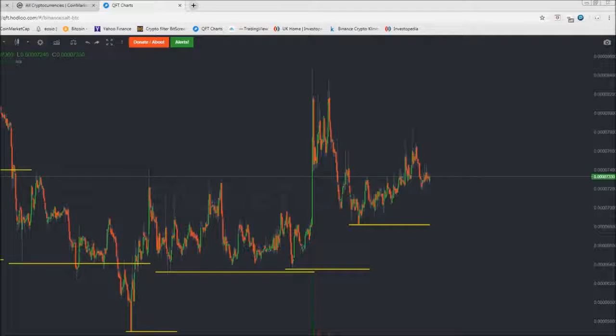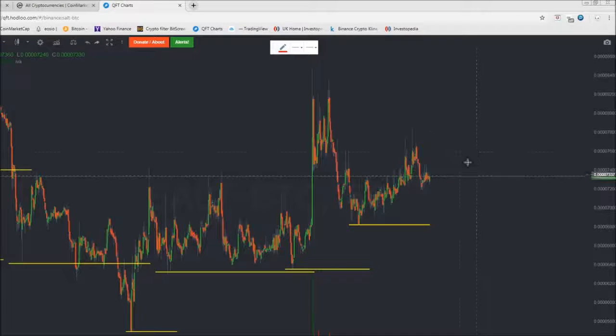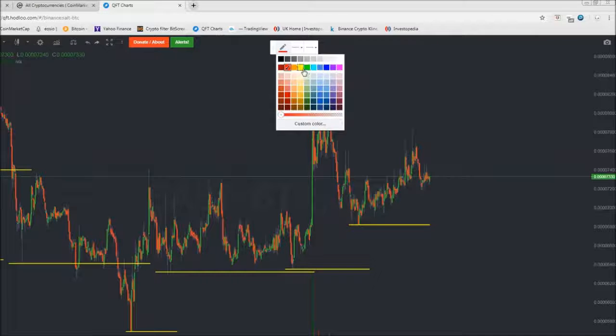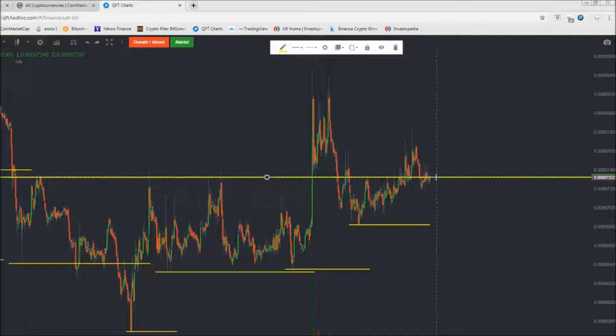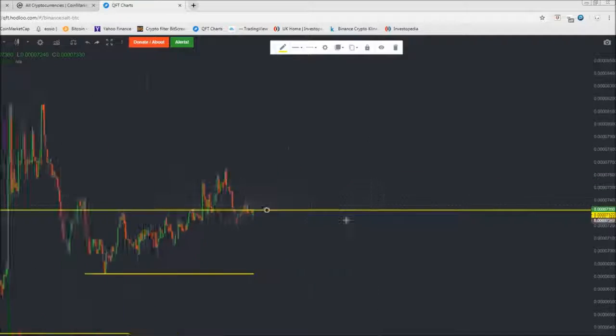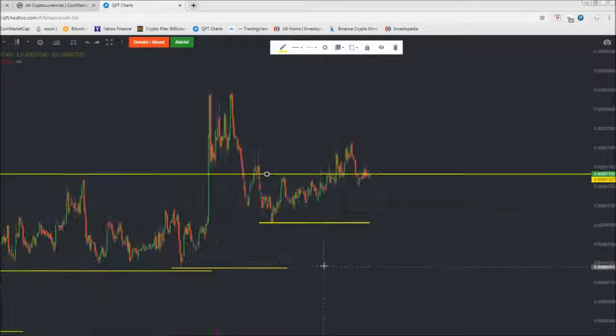So the first port of call for me, as always, is to draw a line, and this is just my approach to this. I draw a line onto the present day value, and I'll just drive that up a little bit. So that line there is level with this hour's current price.